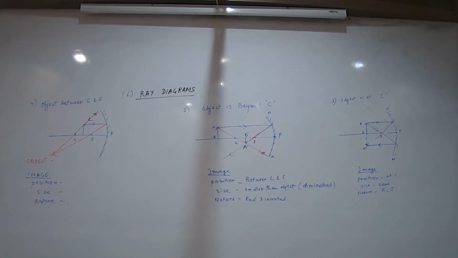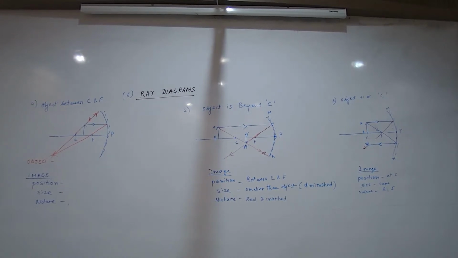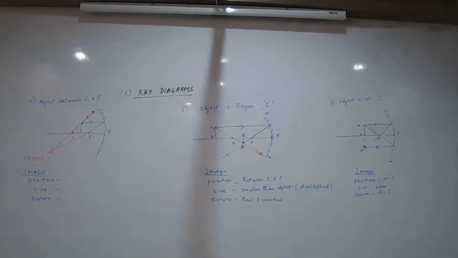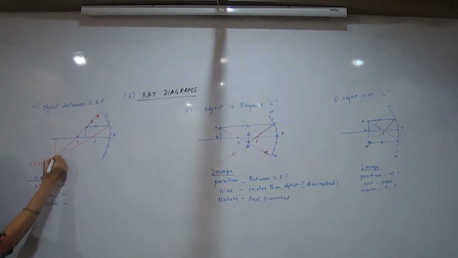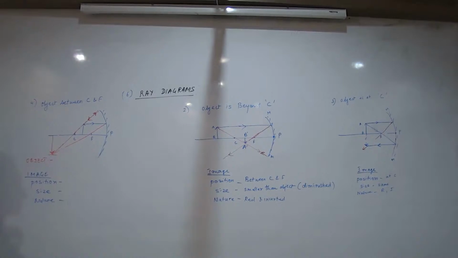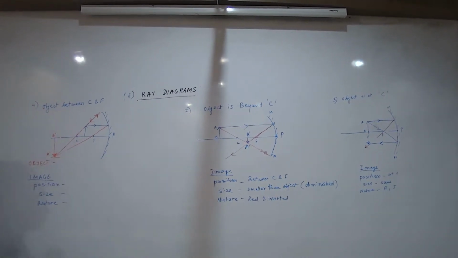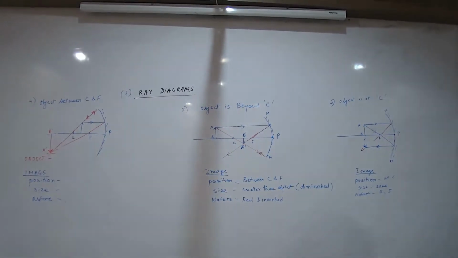What will be the nature? A dash, B dash. Equal and inverted.